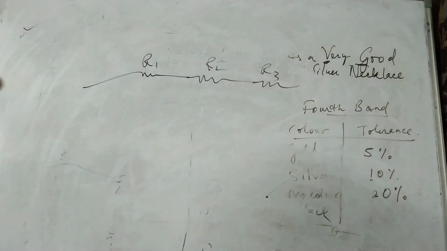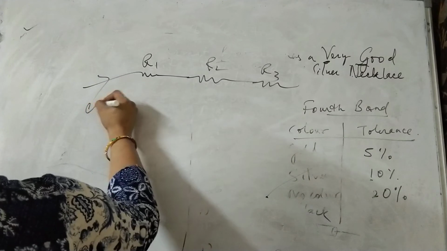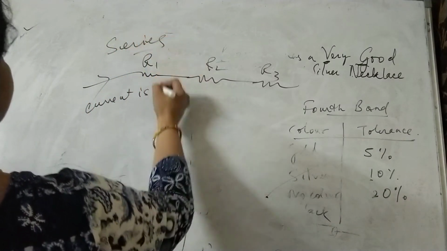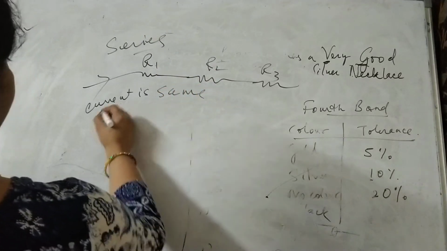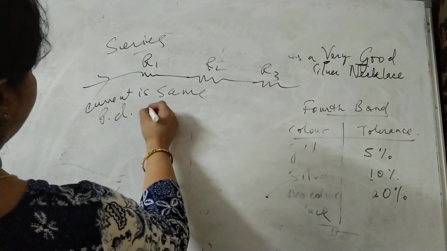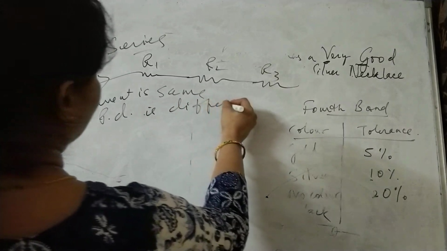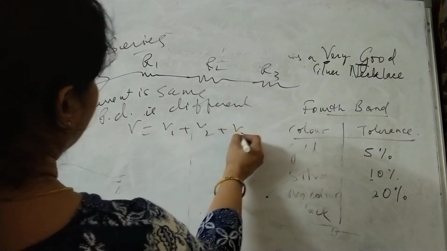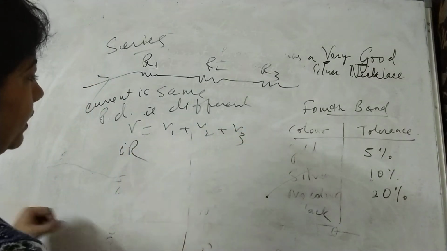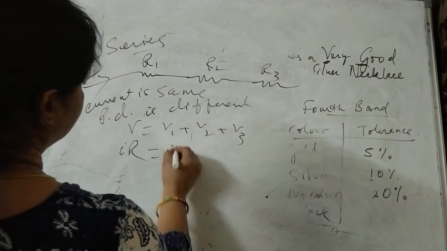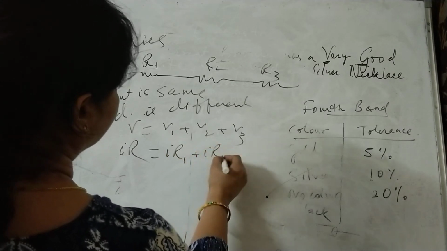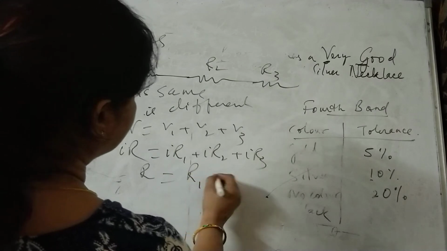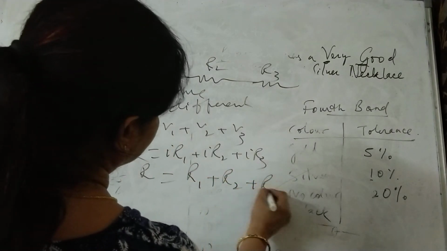We are joining them end to end. Here the current is the same. This is series. Current is the same, potential difference is different. So you get V equals V1 plus V2 plus V3, and this is I R equivalent. Current is the same, so I R1 plus I R2 plus I R3. So when they are joined in series, the resistance increases.